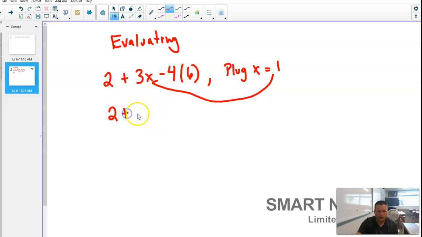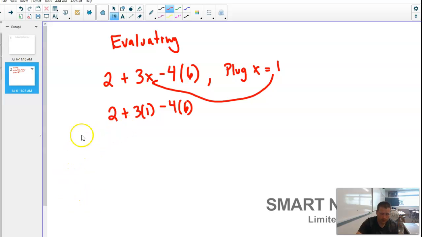So we'd have 2 plus 3, and I'll use parentheses just to make sure I have the right thing here, minus 4 times 6. And then I can just go from there. I would simplify this now. Does that make sense? Evaluating is actually plugging it in and then simplifying once you've done that. So evaluating is plugging a value in for your variable.